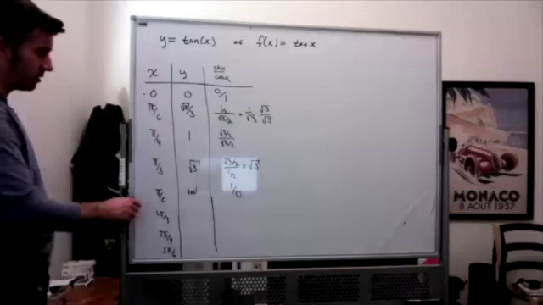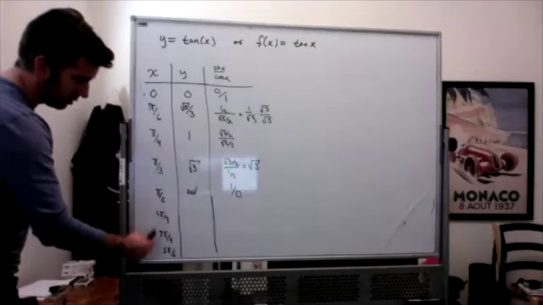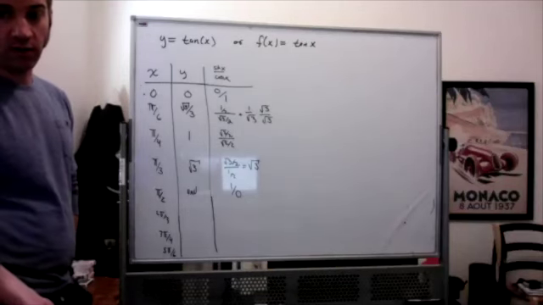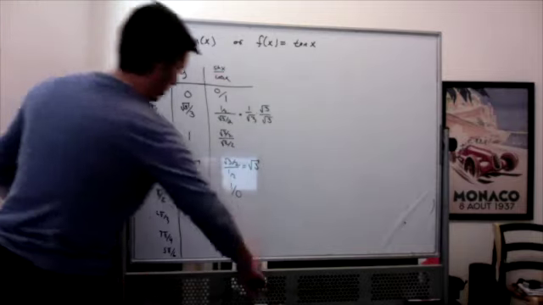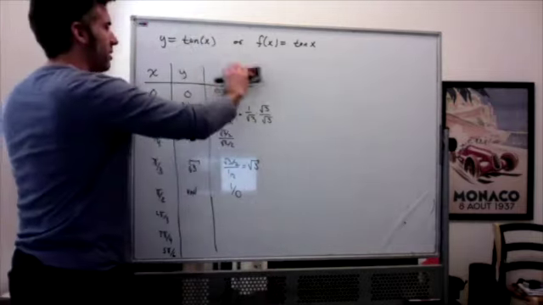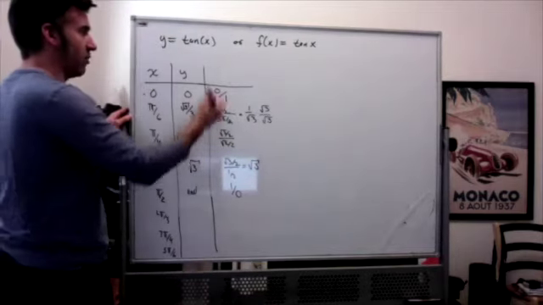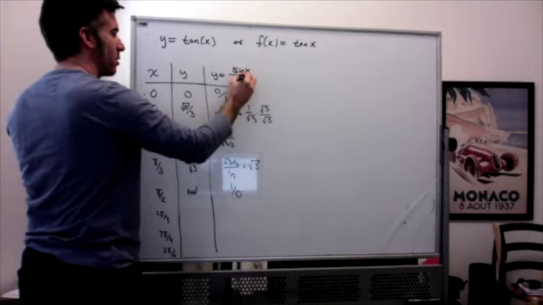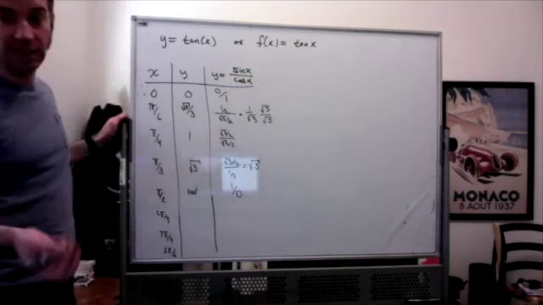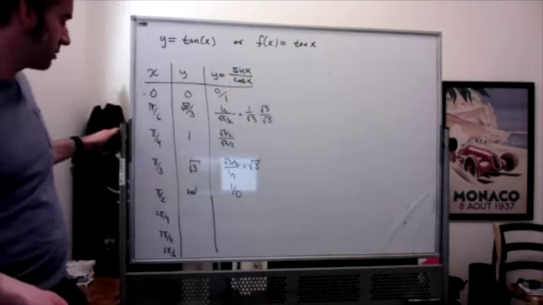Then for the angles in the second quadrant, 2 pi over 3, 3 pi over 4, and what's the very last column? Oh, it's sine of x over cosine of x. I'm just using that to help me figure out what the y values actually are, because tangent of x is equal to sine of x over cosine of x.